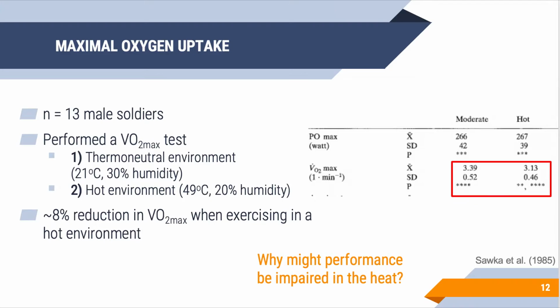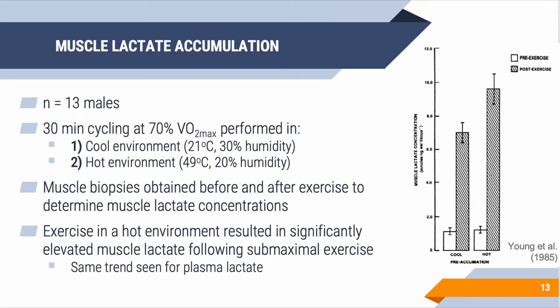But now we need to delve into this idea of why might there be an impairment in aerobic exercise performance in the heat. So the first thing I want to look at is muscle lactate accumulation. This study wanted to look at muscle lactate accumulation in 13 males in response to hot and cool environments.